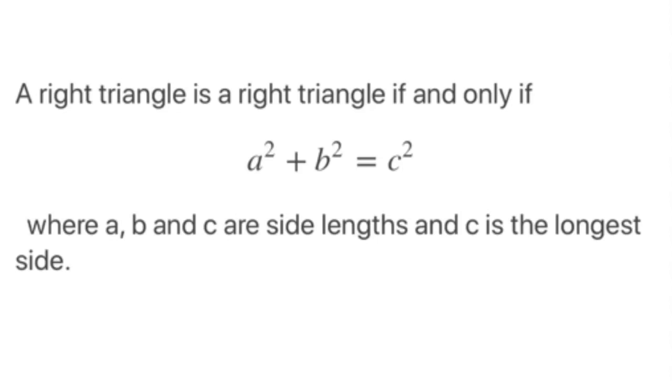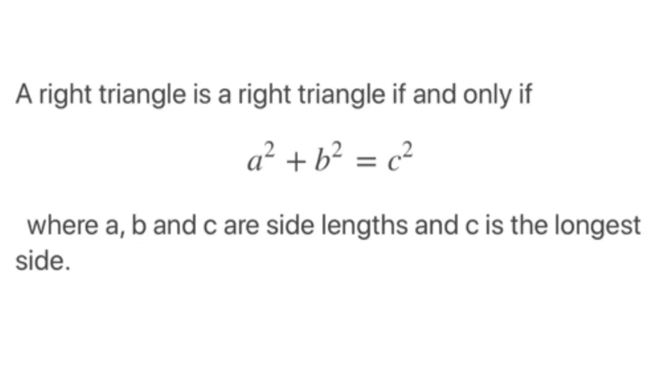The hardest thing about plugging in your side lengths is they don't tell you, here are your legs, here's your hypotenuse, here's A, here's B, here's C. They just give you three side lengths and tell you to prove if it's a right triangle or not. So the most important thing to look at when you're looking at those three numbers is whatever the largest number is, that's your hypotenuse, it's your C. Remember, your hypotenuse is always your longest side in a right triangle.